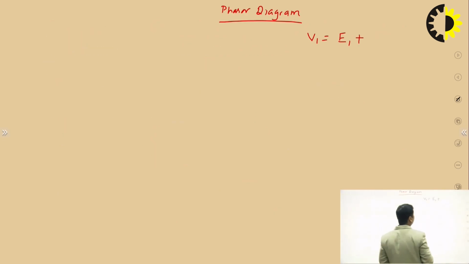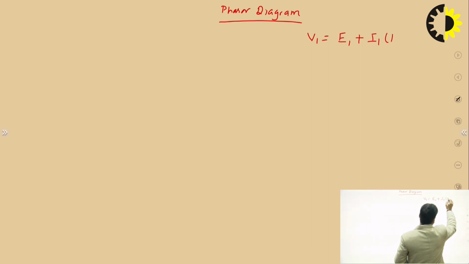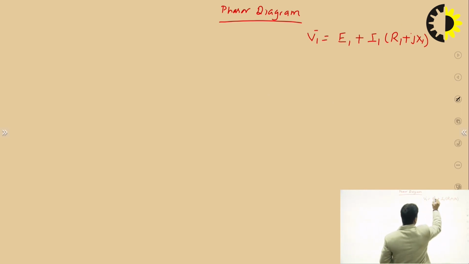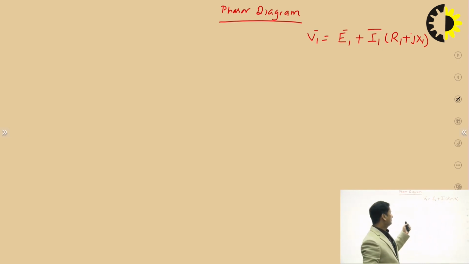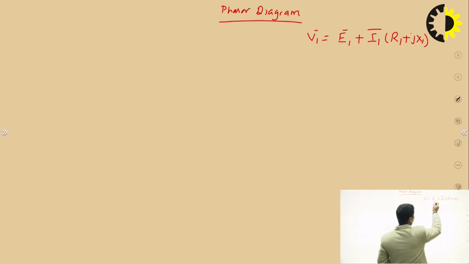Since the current I1 is flowing in that, it will be equal to I1 into R1 plus jX1.